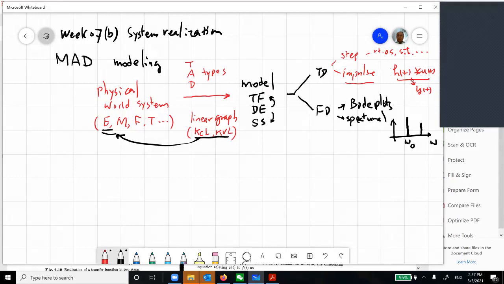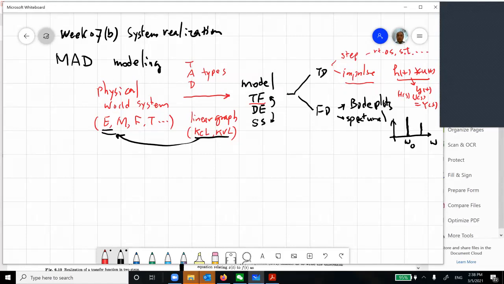If you do the Laplace transform, you get H(s) times U(s) equals Y(s). So H(s) is actually the transfer function. I hope you start to see this picture.